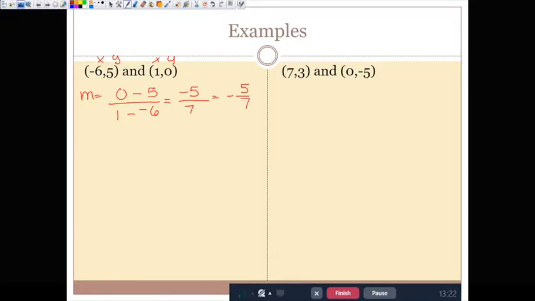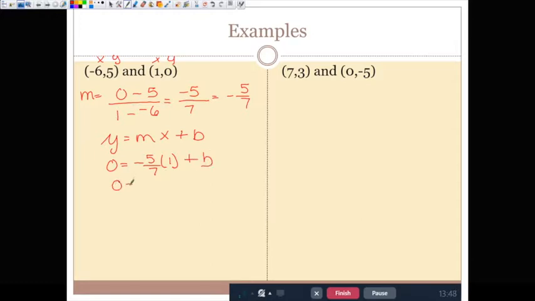So they give me one of my special cases, so I need to find my b. So I have y equals mx plus b. I highly suggest using the one with the 0. It makes it so much easier. So 0 equals m, which is negative 5 sevenths, times x, which is 1, plus b.